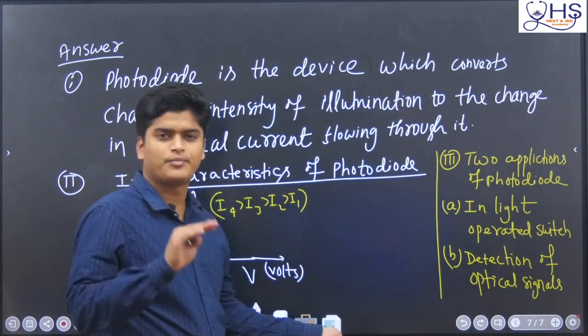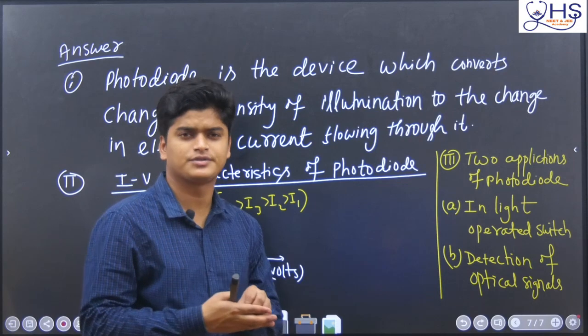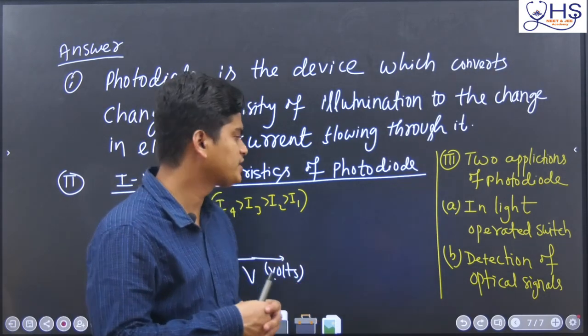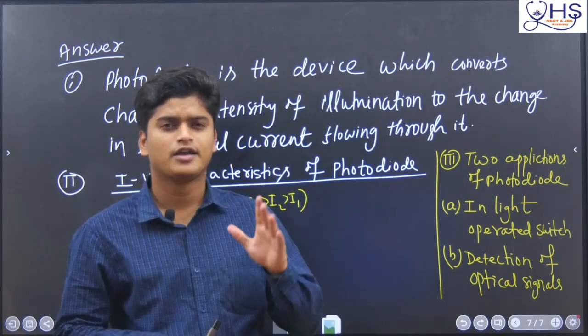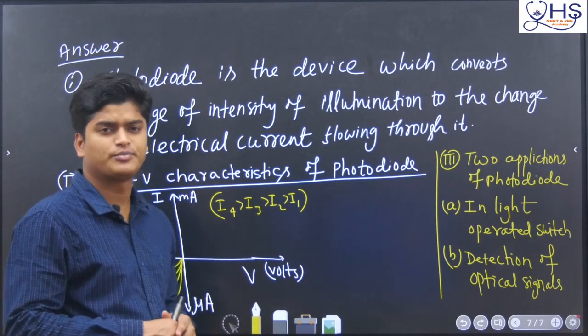Because of the photon and electric current relation, the photon is absorbed and changes to electric current, so that's why it can be used for detection of optical signals. This is the way you need to write your answer for this question number 3.